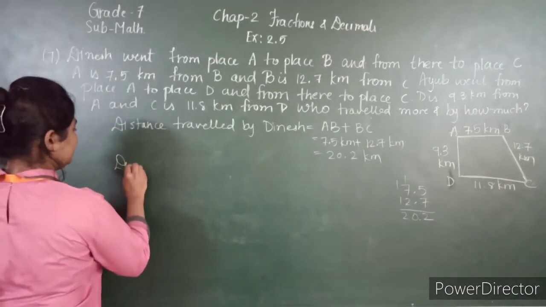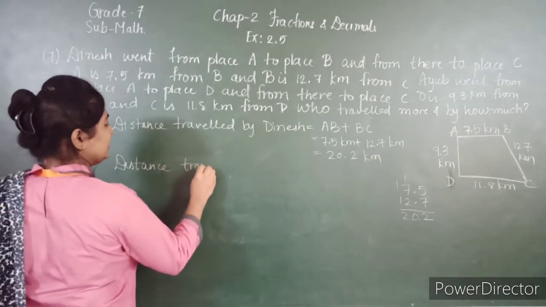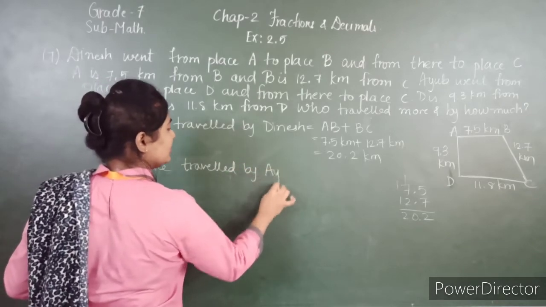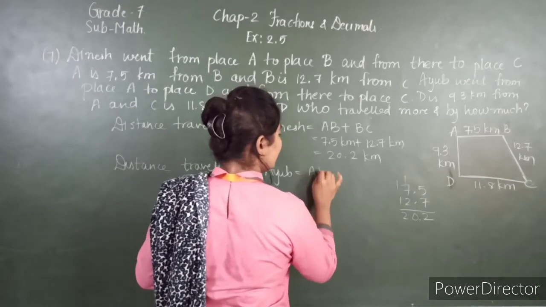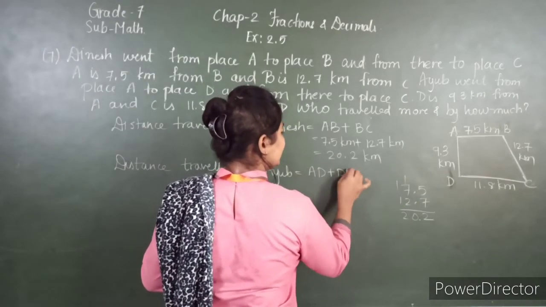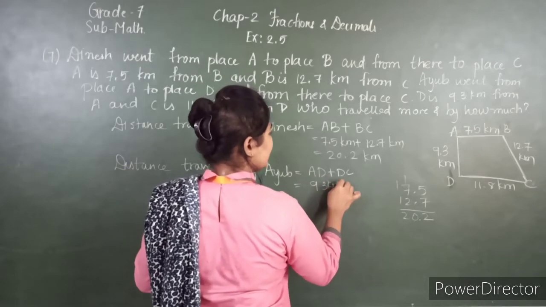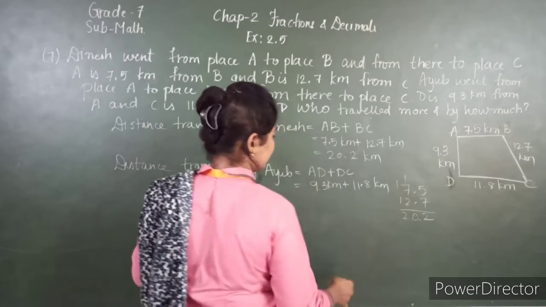Now we have to find out the distance traveled by Ayub. Distance traveled by Ayub is AD plus DC. So AD is 9.3 km plus DC is 11.8 km.